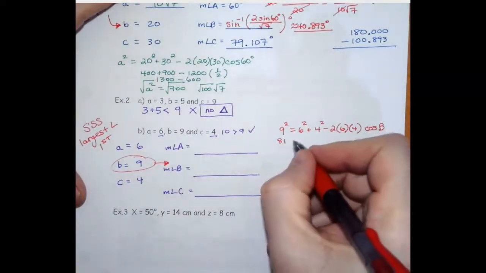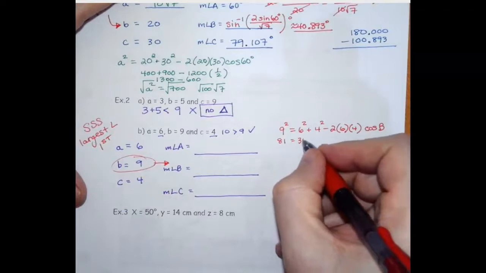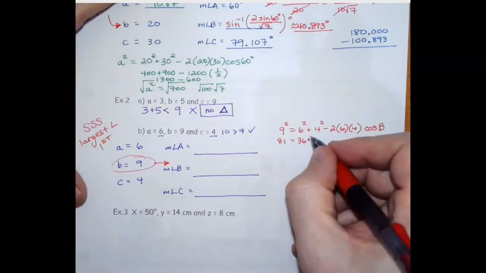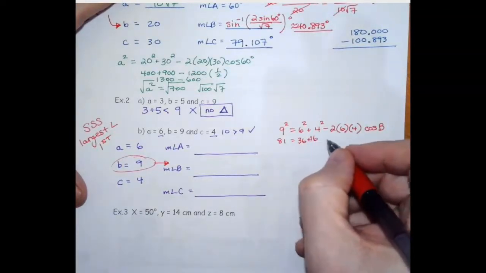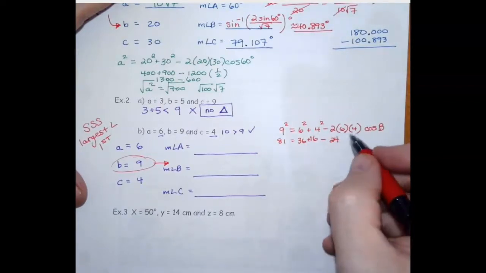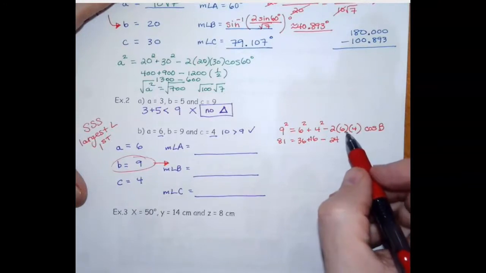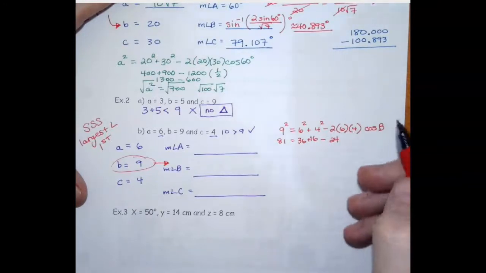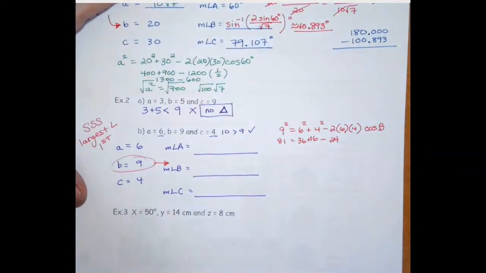So this is going to be 81 and 36 plus 16 minus 24. No, that's 24. 24 times 2 is 48.